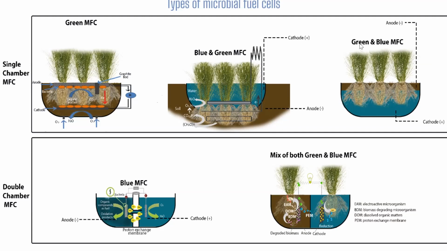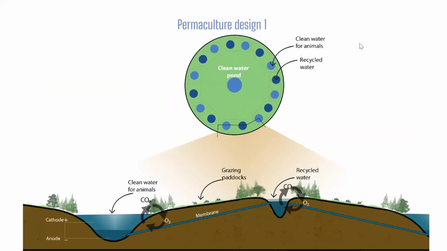So we will encourage you to be creative, to think about how you can use microbial fuel cells in a multi-scalar way, right? So we can even zoom out from here. How do you think about microbial fuel cells at the city level, for the entire biome? You might think about different ponds located in different parts of the biome.